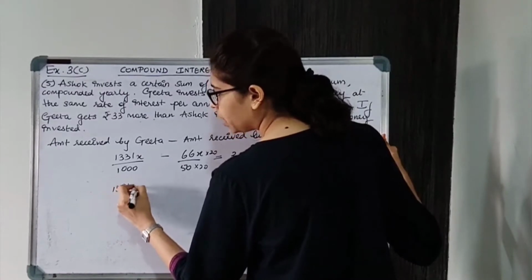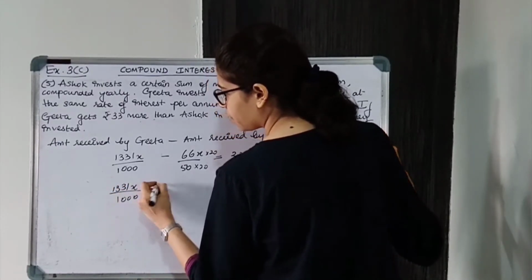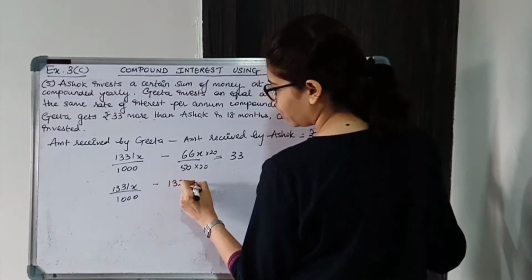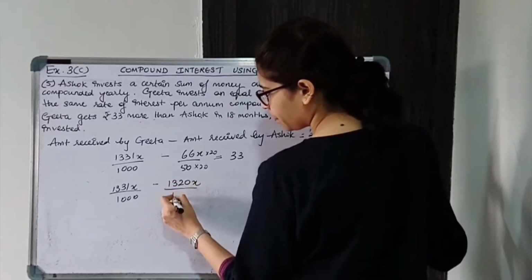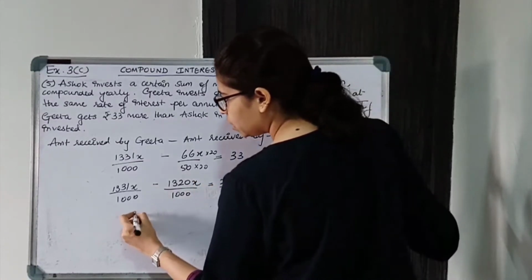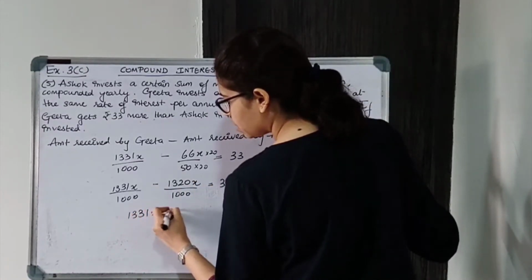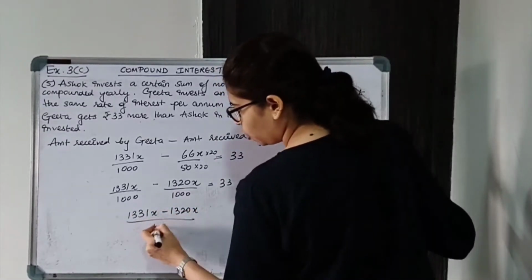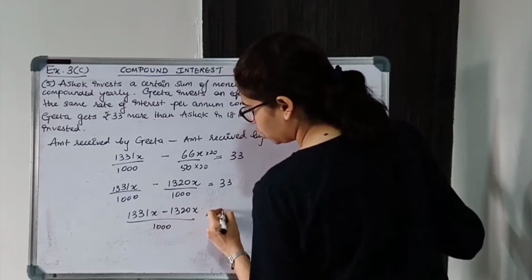So we want to make denominators same. So 66 into 20, that will give 1320x upon 1000 is equal to 33. So 1331x minus 1320x upon 1000 is equal to 33.